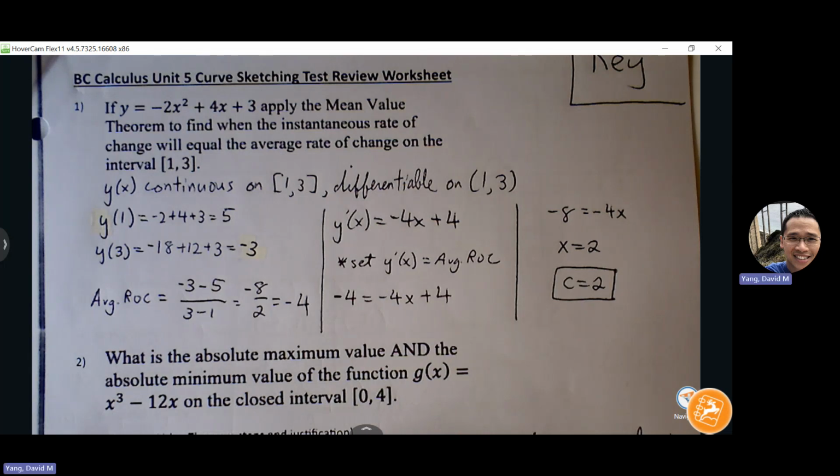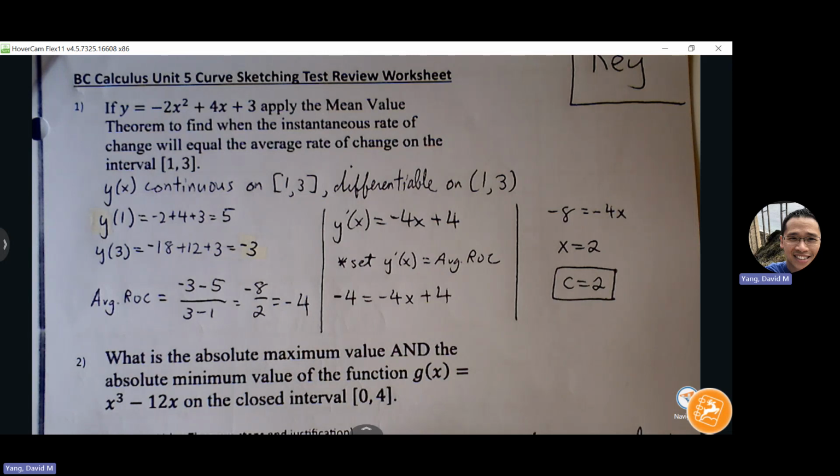Why did you say C was 2? Oh, that C is another way of saying that's my answer. That's my x value. So you don't need to find the y value. If it's asking for the full ordered pair, then you can plug 2 back into the original function.